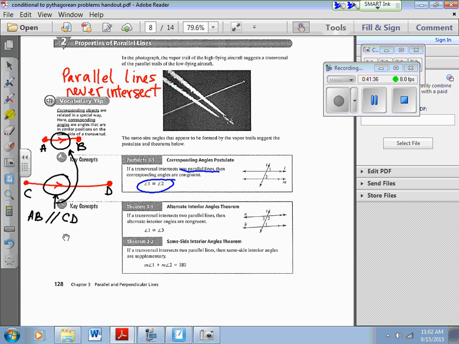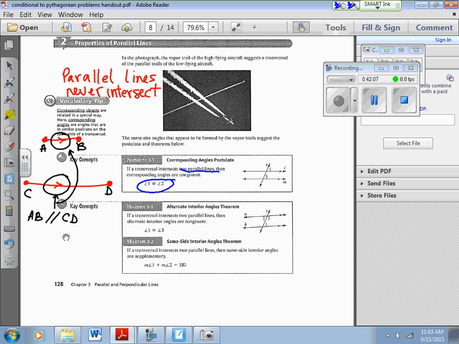Those are the only two ways that'll identify it. If you can figure out that the lines have the same slope, that's another way to tell they're parallel, but we won't do that until later, because that's algebra with slope. Does everybody understand corresponding angles are congruent only if two lines are parallel cut by a transversal?